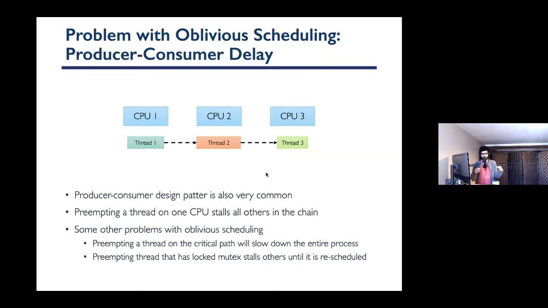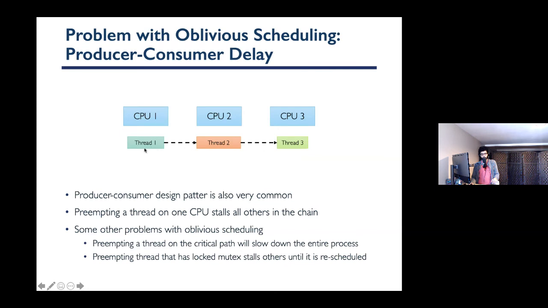Another multi-threading or parallelism paradigm is a producer-consumer model, which is very close to what I talked about with the web server architecture, if you remember. Each thread produces data for the next thread, and the next thread consumes that data and produces more data for another thread. In this way, the dependencies between threads are shown in this graph.